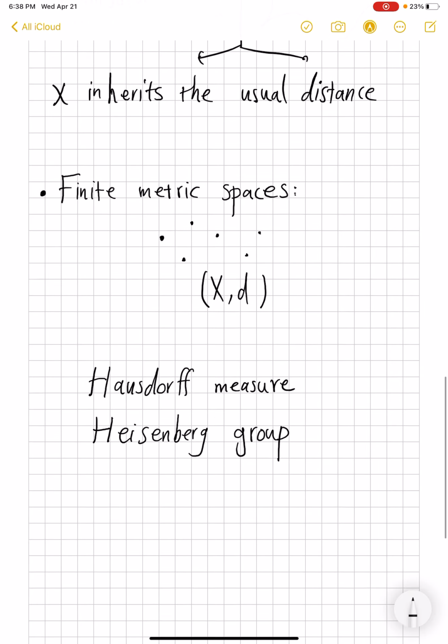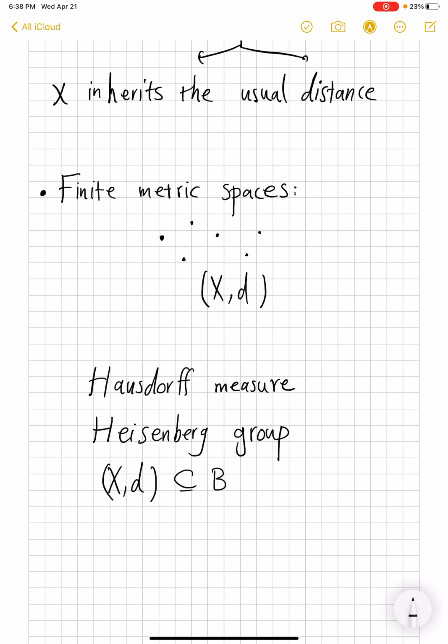I want to talk about embeddings of metric spaces into Banach spaces. And well, once we get pretty advanced, I can talk about area formulas and co-area formulas for maps into metric spaces, and the possibilities are unlimited. Hope to see you in future videos.